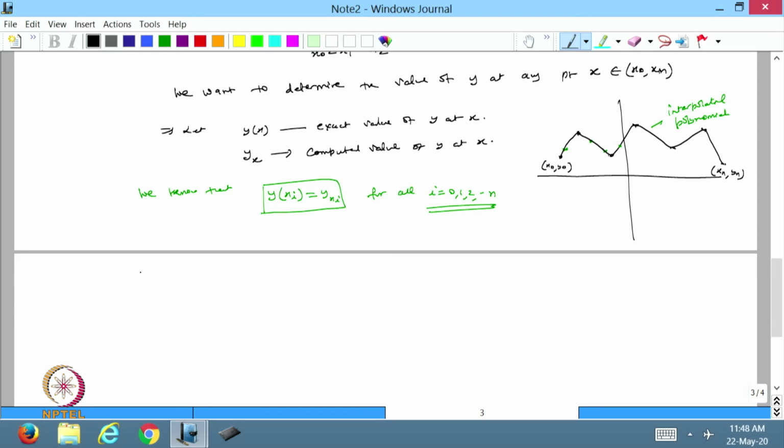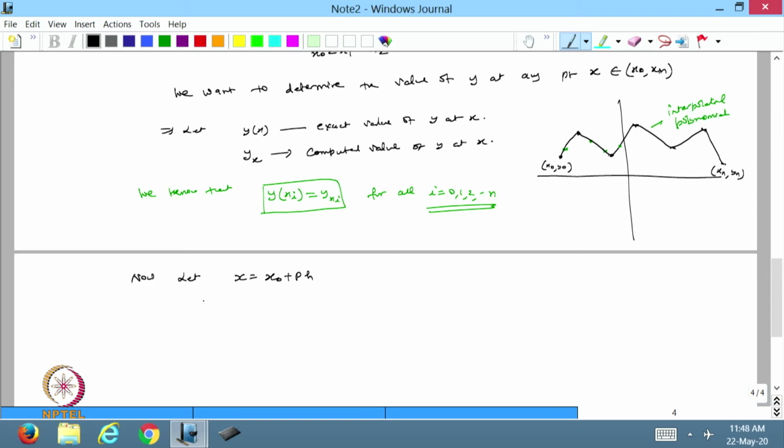Now, I want to write y at x. I write x equal to x0 plus ph.